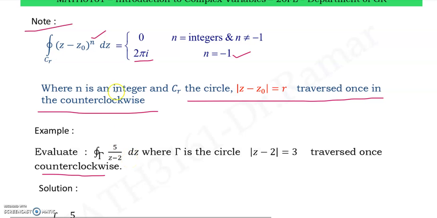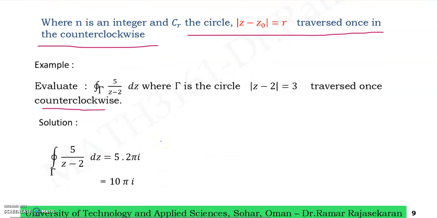Now what is the answer for this? Here n is minus 1 and the integral of dz over z minus z naught is 2 pi i. Similarly here, but one extra thing appears in the integration, that is 5. So take 5 outside, then the integral of dz by z minus 2.